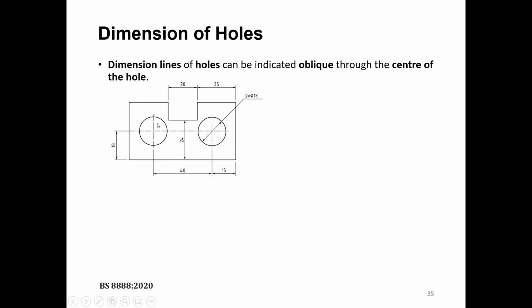This is one, this is another one, and they have the same diameter, which is 18. So you just add the dimension to one circle only. You do not add it to the second one, because 2 times means that these two are identical, so you do not need to repeat the dimension for this circle here.